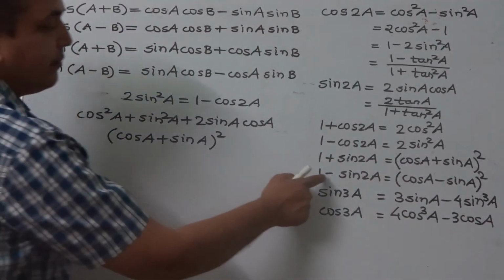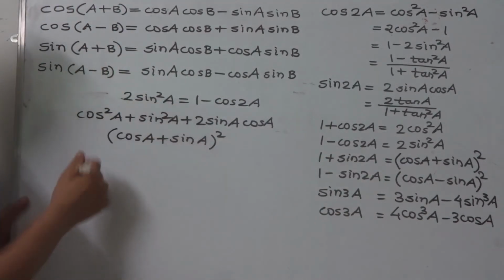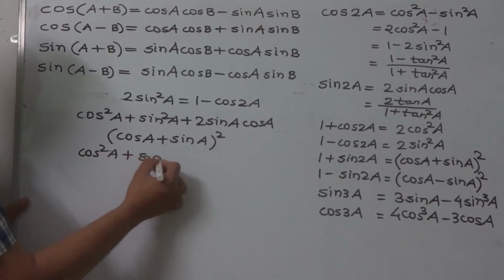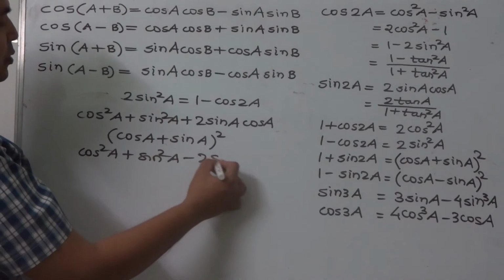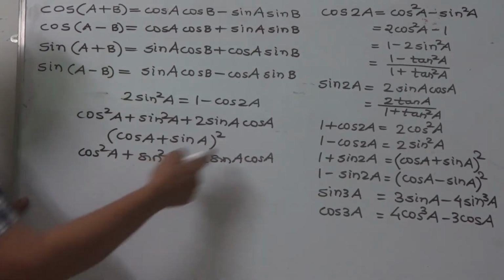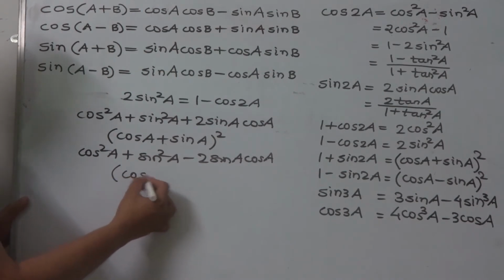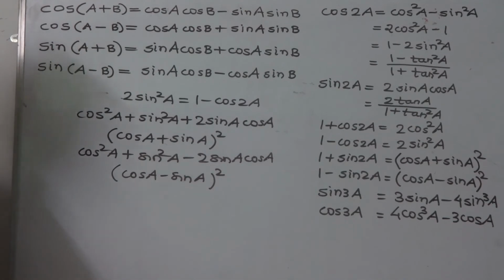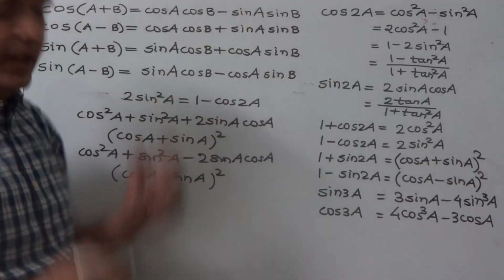And similarly 1 minus sin 2a will become cos square a plus sin square a minus 2 sin a cos a, which is again by identity a minus b whole square. We can write cos a minus sin a whole square. So all these formulas are derived for you.